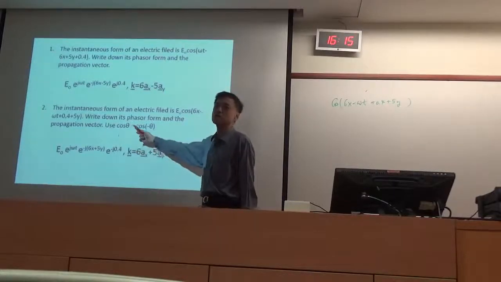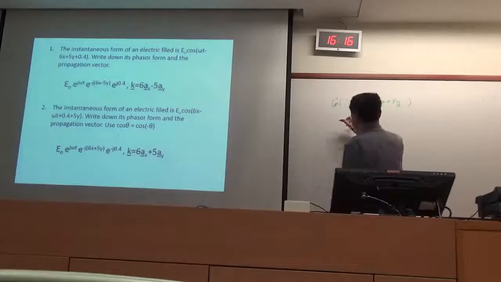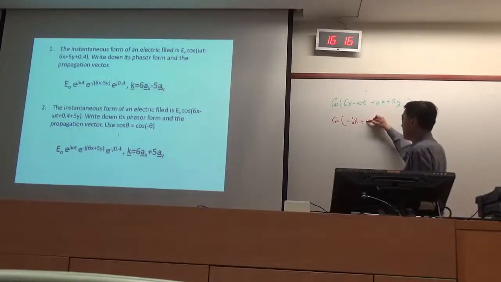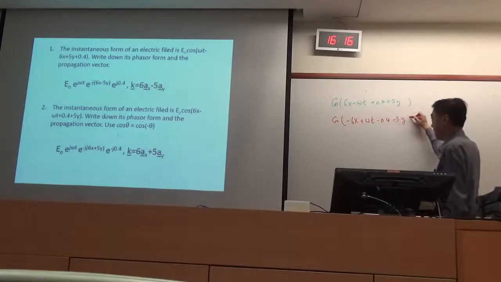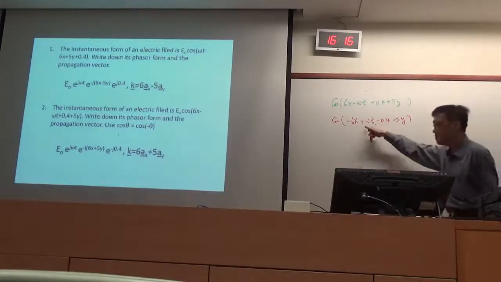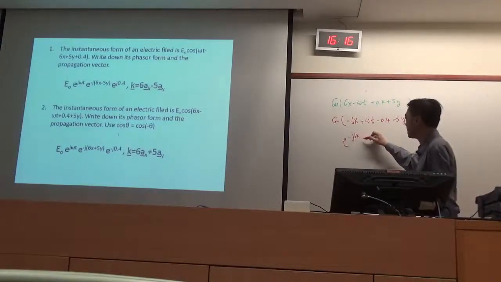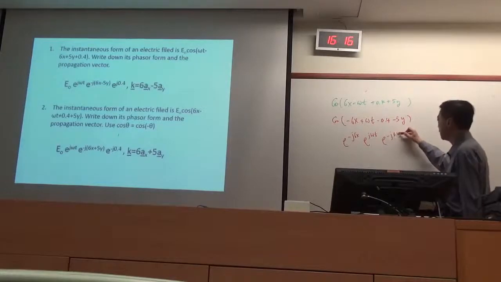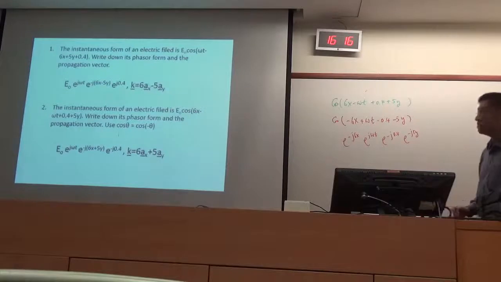Cosine theta equals cosine minus theta. So you rewrite this as cosine(-6x + ωt - 0.4 - 5y). And once you rewrite that, ω becomes positive, then it is correct to say that it is e^(-j6x) e^(jωt) e^(-j0.4) e^(-j5y).